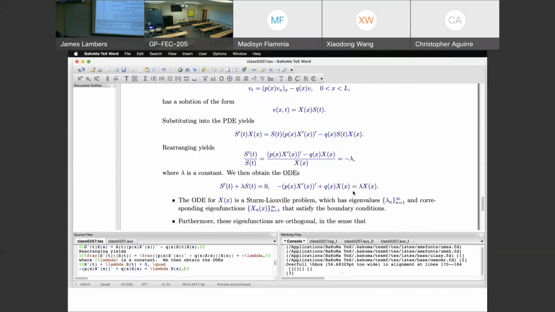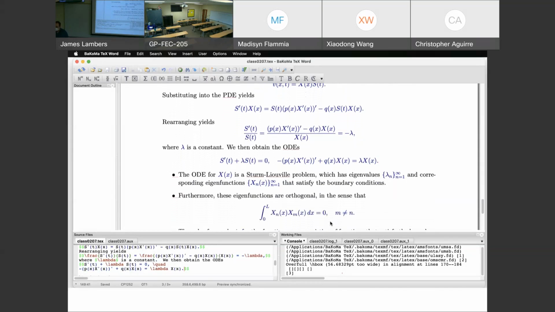Also, what's known about this problem is that the eigenfunctions, which are the solutions capital X of x that satisfy this, are orthogonal. So we have this relationship that's satisfied: you take two different ones, integrate the product from 0 to L, and you will get 0. That's very helpful for enforcing the initial condition.